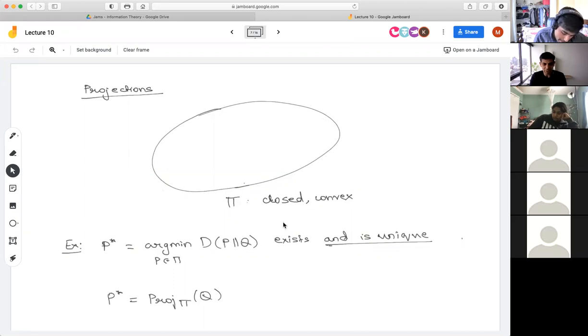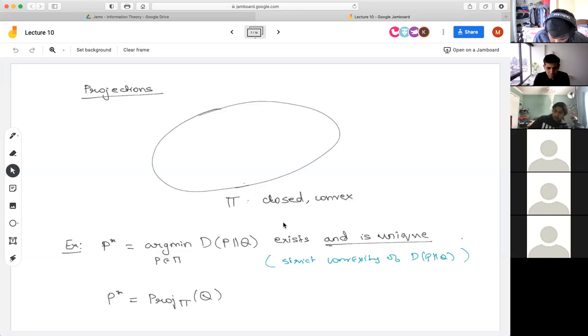And now I claim that in addition, it's unique when your set is convex. So not only does it exist, but it is unique. I'll ask you to check this as an exercise. As a hint, use the strict convexity of KL divergence. It's convex in both its arguments, and you can see which one you want to use.